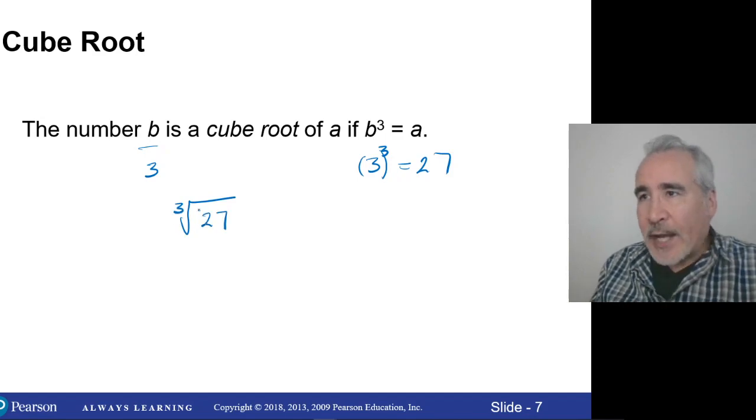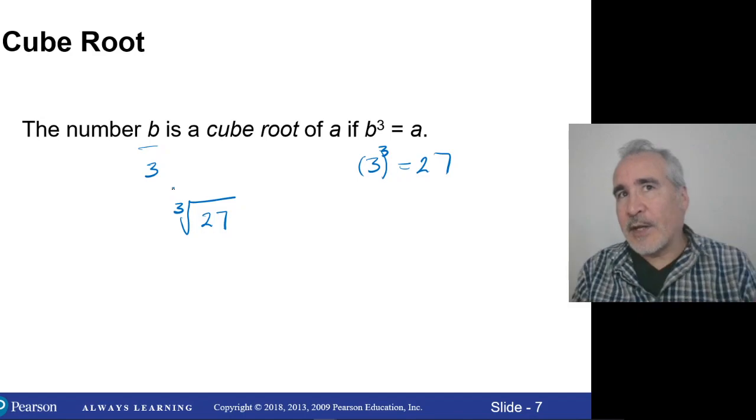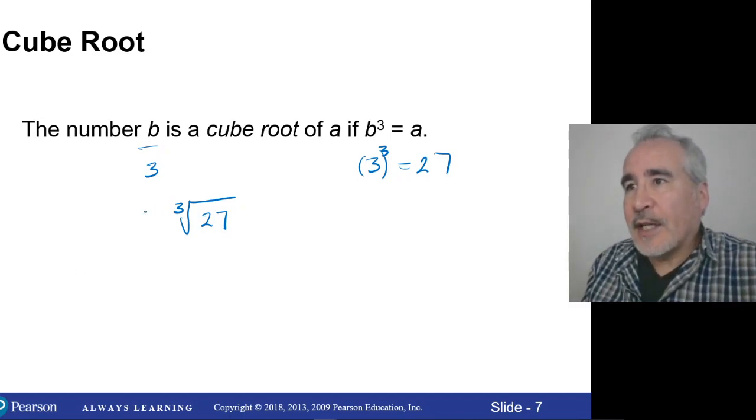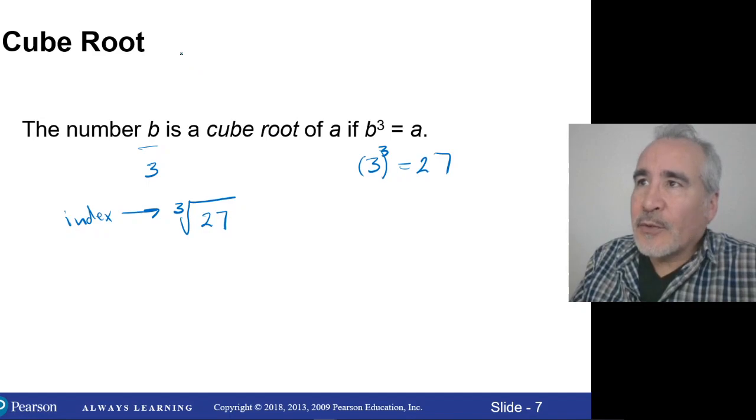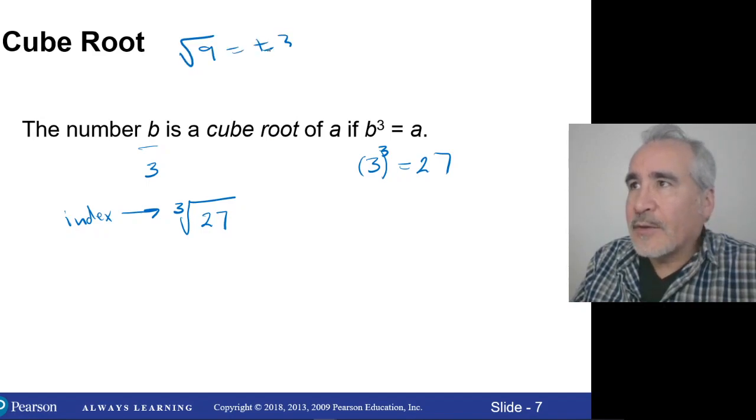and when we use this radical, since the square root's already taken, we put something we call an index, and that's a 3. So on the square root, when we were doing square root of 9 equals plus or minus 3, we could have written this with a 2 up here.